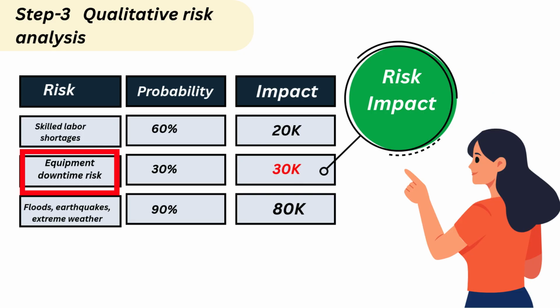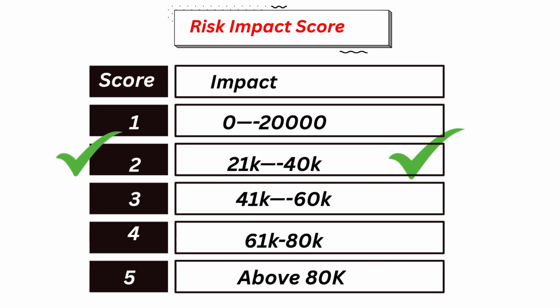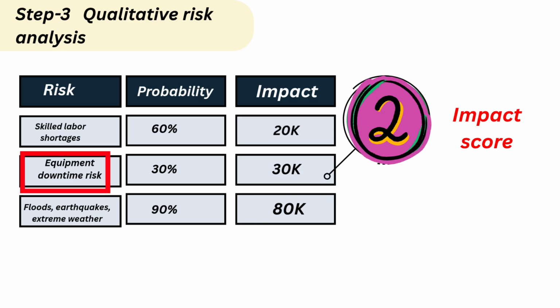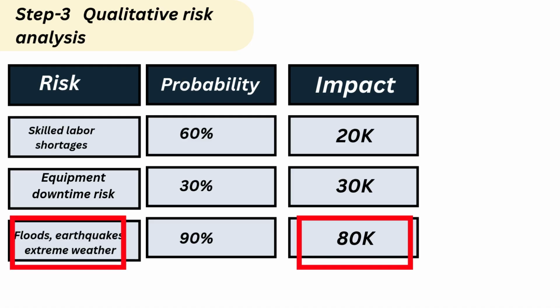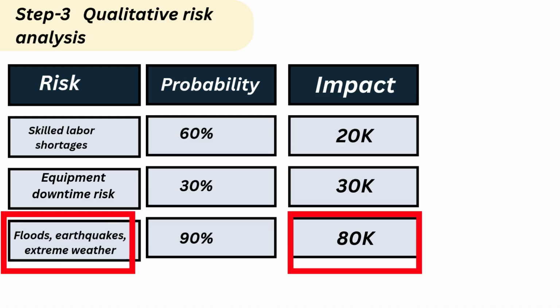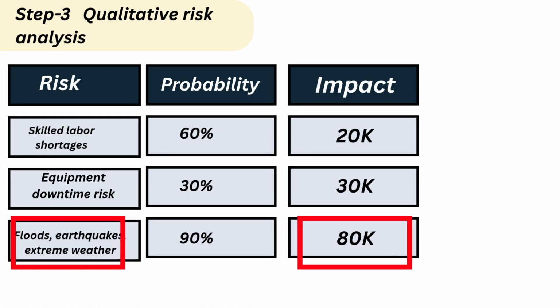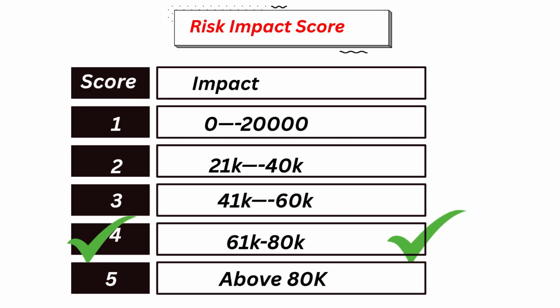Then comes the next risk, equipment downtime. The impact is 30K, so the score becomes 2, because 2 is between 21K to 40K. The third risk is floods, earthquake and extreme weather, with 80K impact. In this table, for 80K the score is 4.